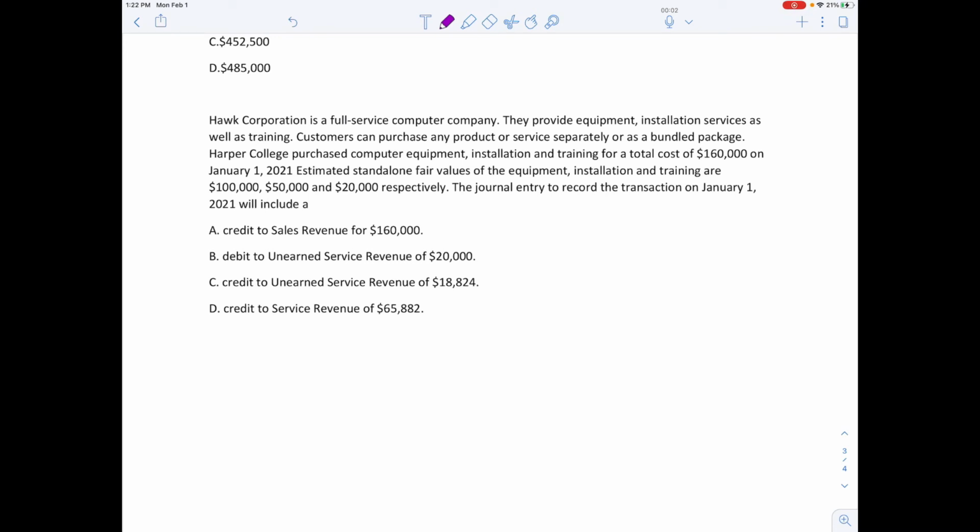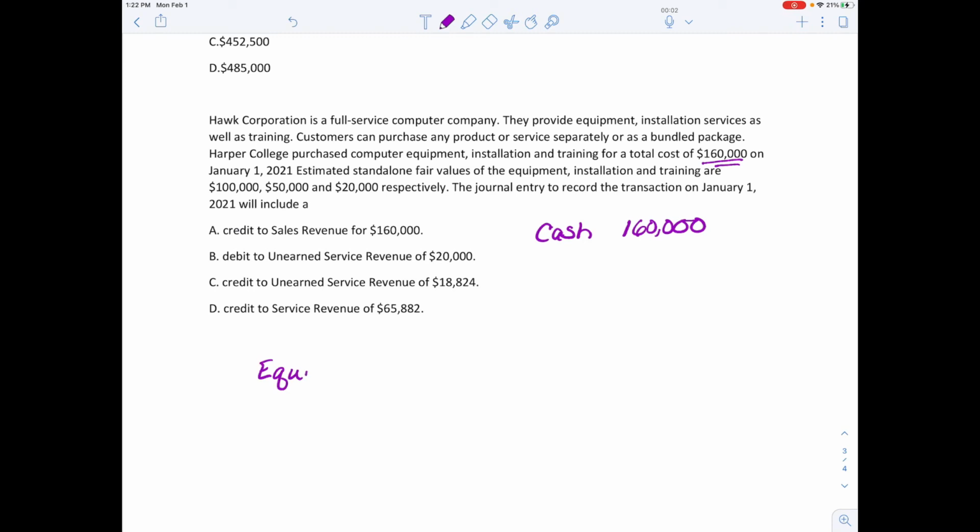So let's take a look at this. The total cost is $160,000. So I know that's the cash amount I'm going to get. I'm going to debit my cash for $160,000. The other pieces are proportionally allocated, and so we need to first find that percentage that they're getting and then put those into the journal entries.